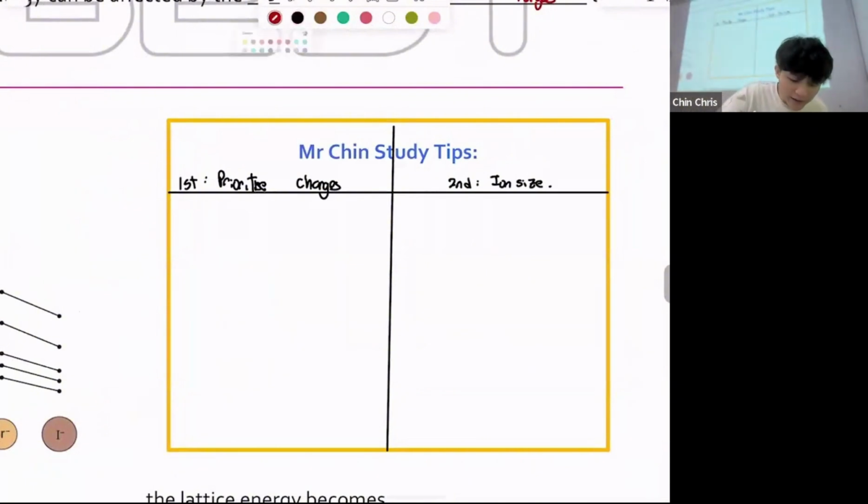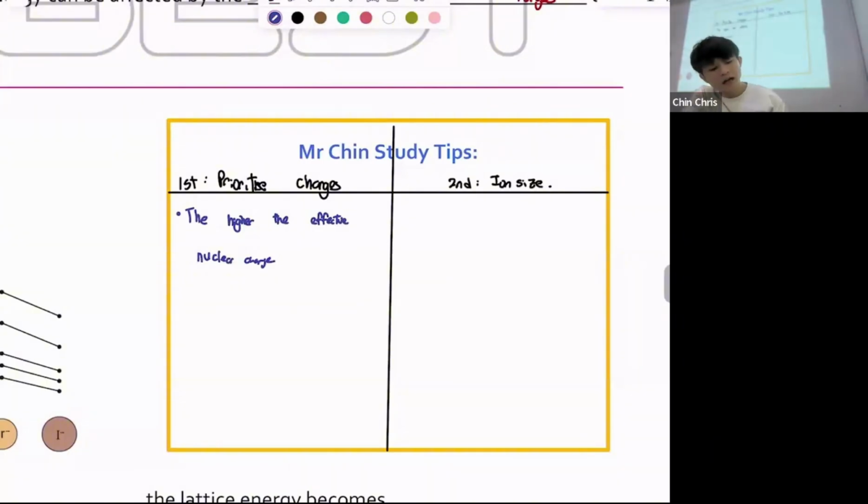So I can say the greater the effective nuclear charge, the more exothermic your delta H lattice is.